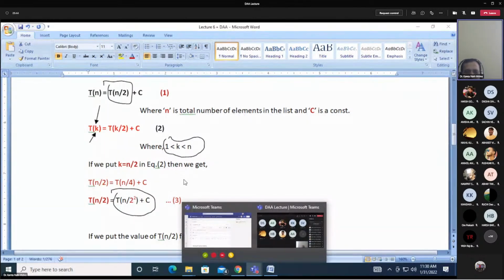And c plus 10c equals how much? 11c. Constant plus constant equals how much? Constant.